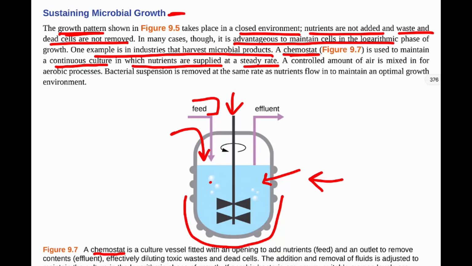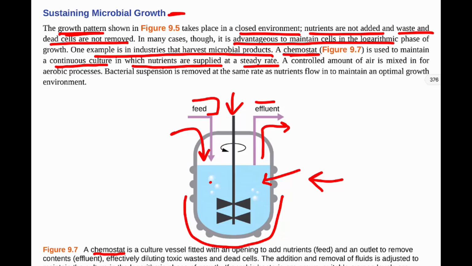So we're adding nutrients to one side, we're mixing it up, bringing the nutrients throughout the mixture, getting oxygen in there, and then on the other side, we have our effluent, which is where we can take stuff out of this chemostat. So they'll be pulling things out so that they can use them to take those metabolic products, microbial products, and then getting rid of the dead cells and getting rid of some of the waste in the process.